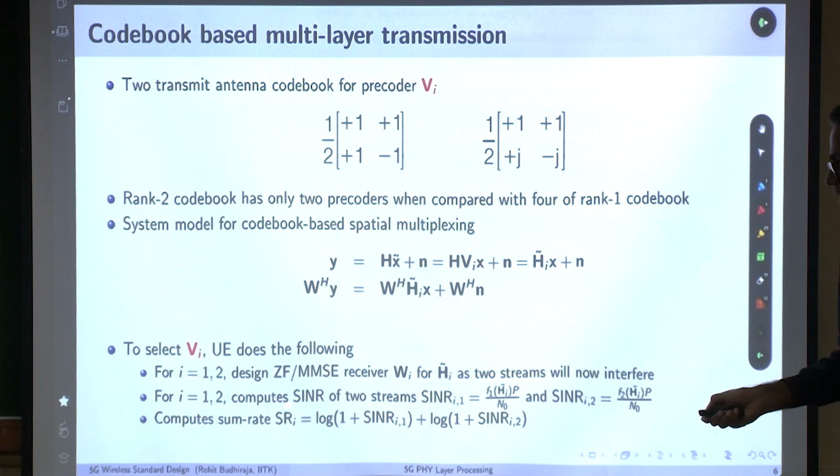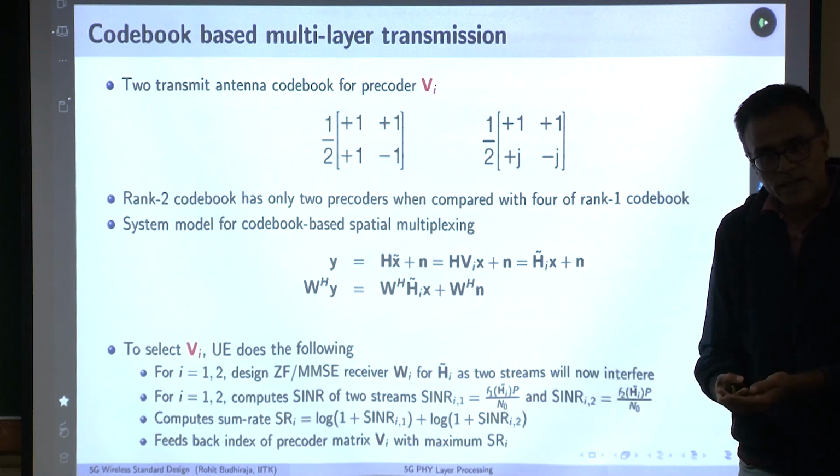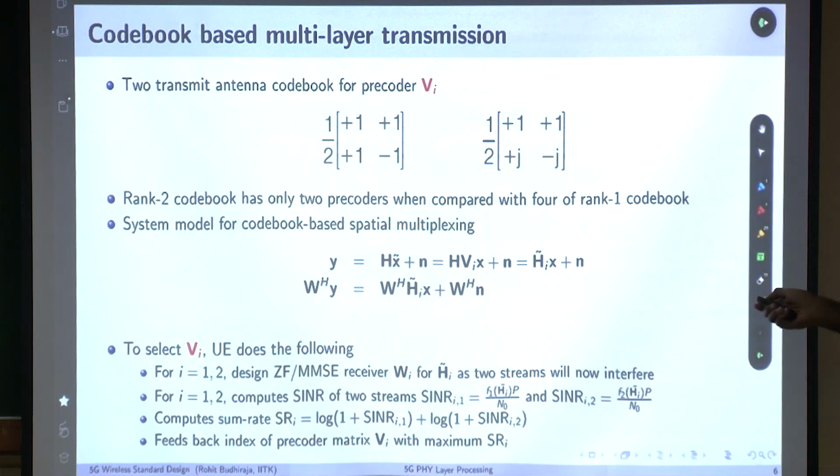So you will have two such sum rate numbers, sum rate 1 and sum rate 2, one for each precoder. What happens after that? Feed back the index of the precoder matrix Vi which maximizes the sum rate SRi. Of the two numbers, whichever is greater, you will feed back that precoder index.